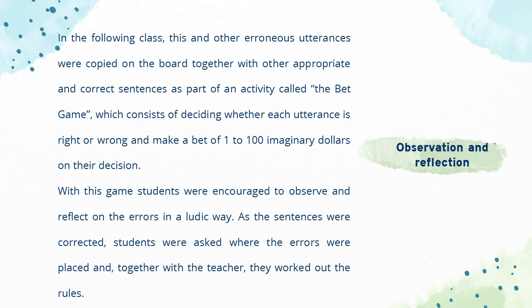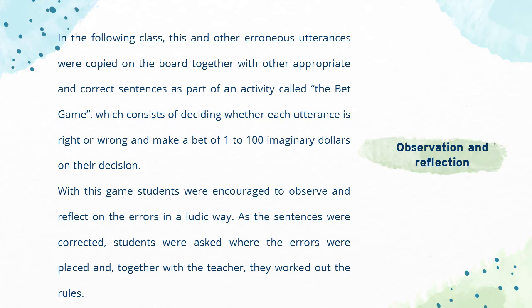In the following class, this and other erroneous utterances were copied on the board, together with other appropriate and correct sentences, as part of an activity called the bet game, which consists of deciding whether each utterance is right or wrong, and making a bet of 1 to 100 imaginary dollars on their decision.